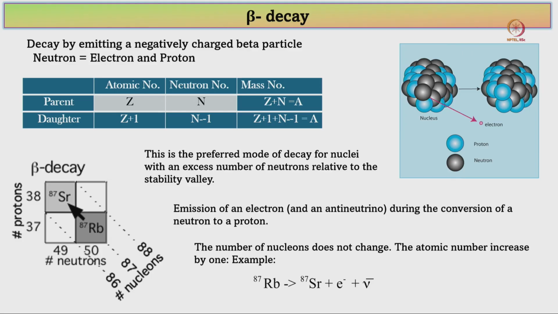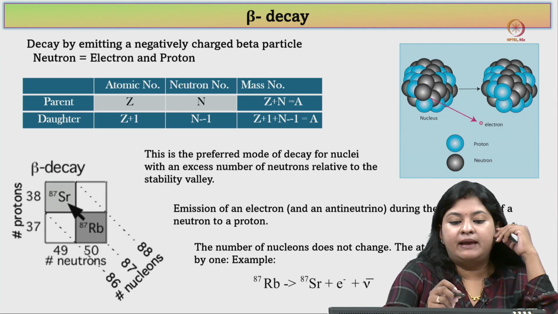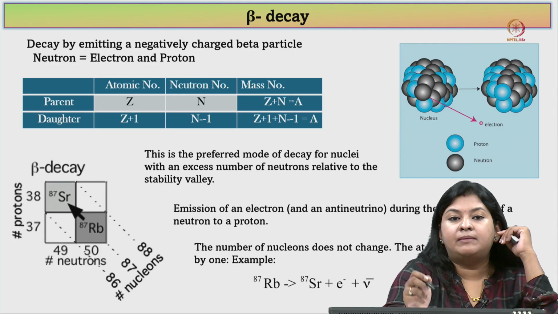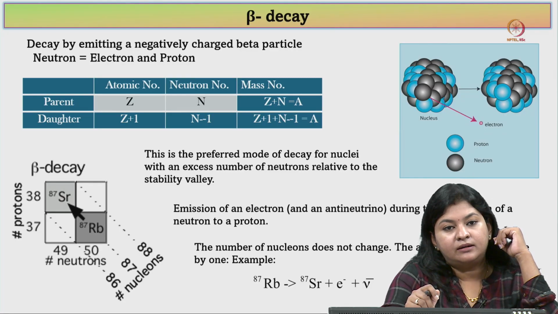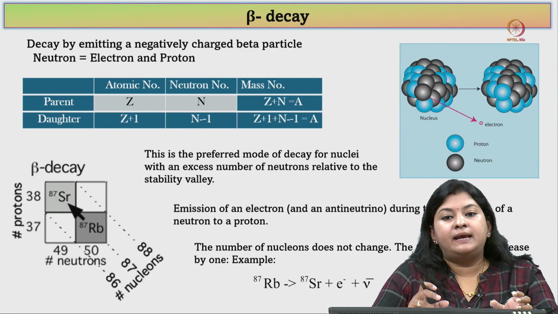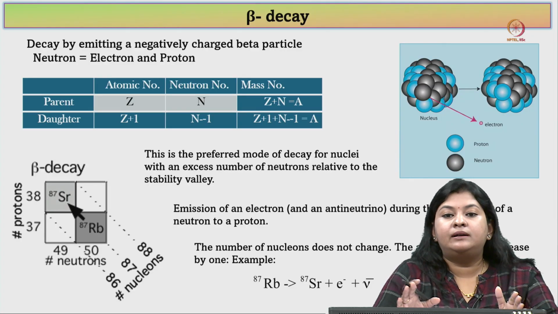Let us see how it happens for a beta decay. Decay by emitting a negatively charged beta particle is called a beta decay. What happens here? The neutron breaks down into an electron and a proton.